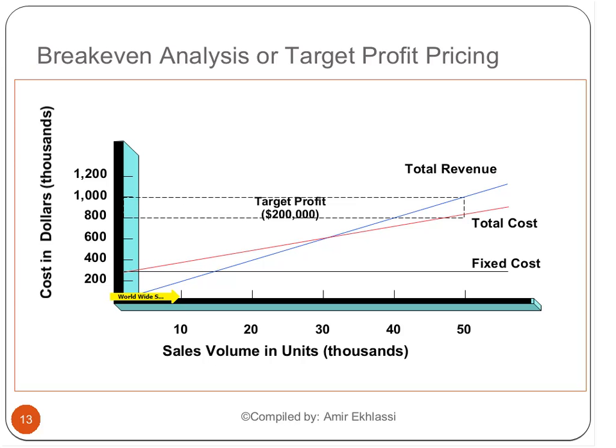In this price for a smartphone, your revenue is the blue one and your cost is the red one. After a while, these two lines will be closer to each other, because when you sell more smartphones, maybe still the red one is higher than the blue one. It means cost is higher than revenue.